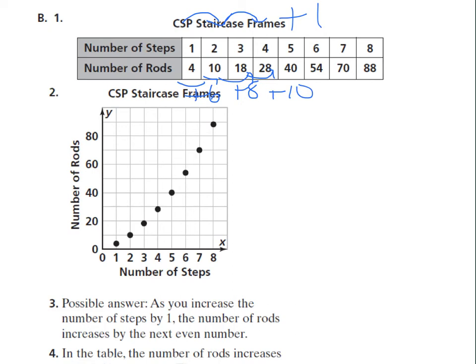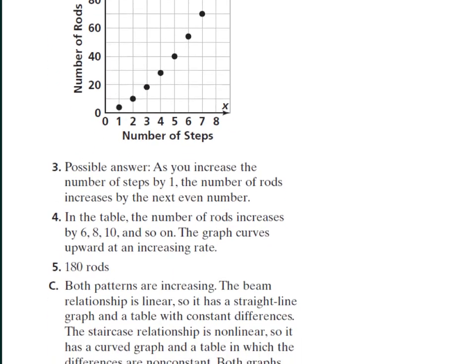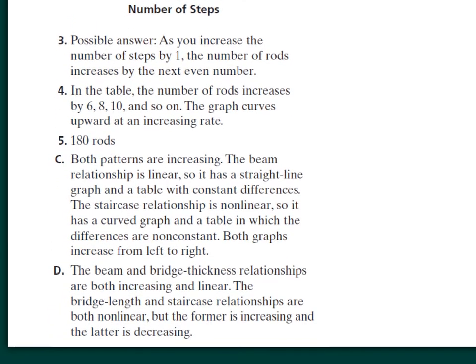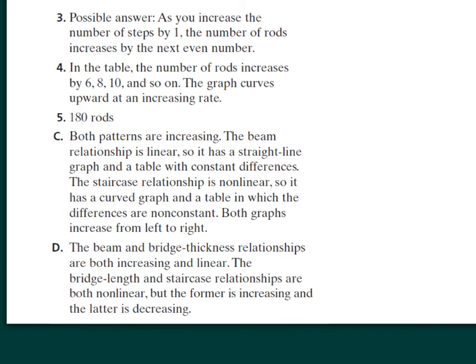But what they were also able to explain was this is not a linear pattern because there's not a constant rate of change. This is also shown by the graph, which is not linear, but it curves upward to the right. And again, students were asked to explain that in their own words in the questions that follow.